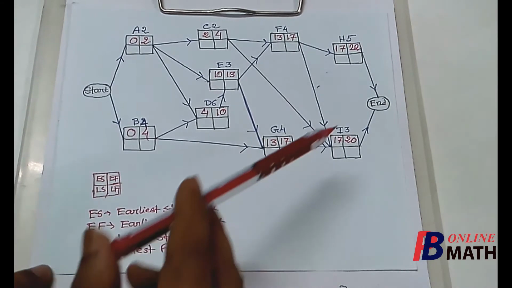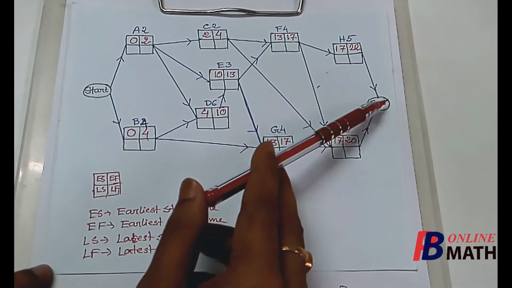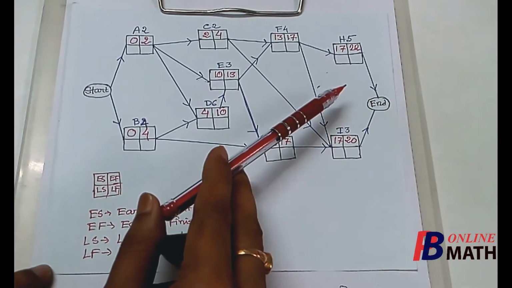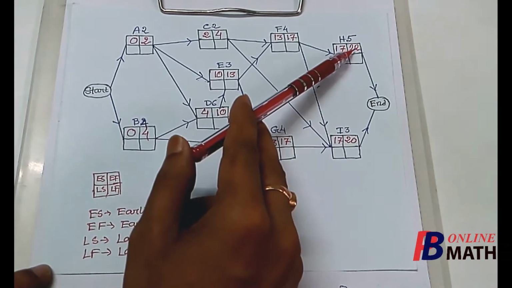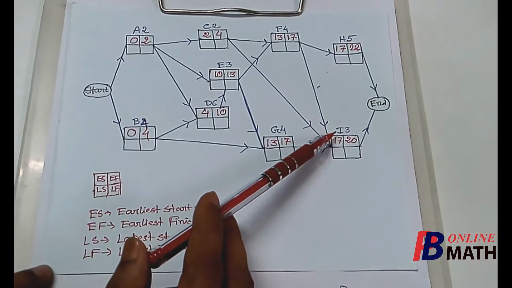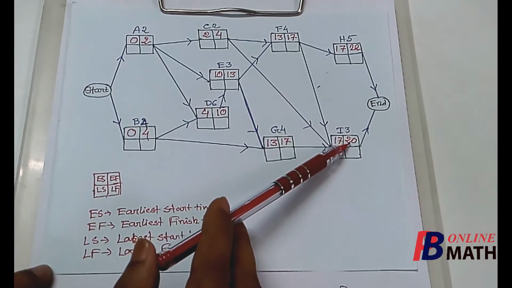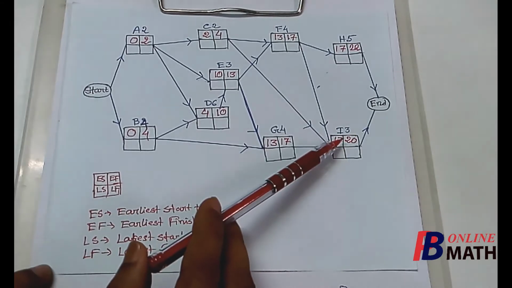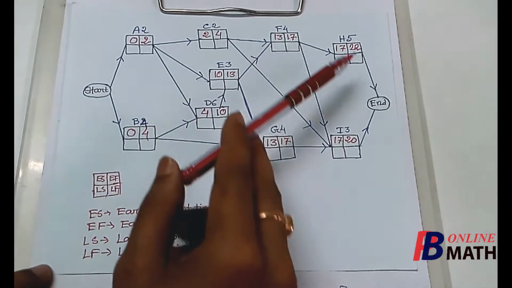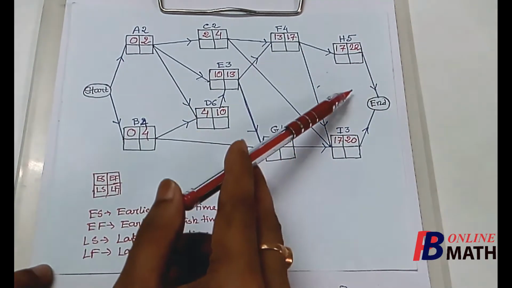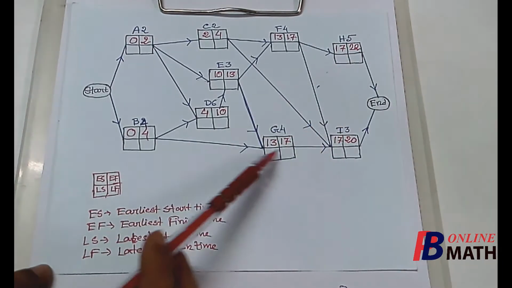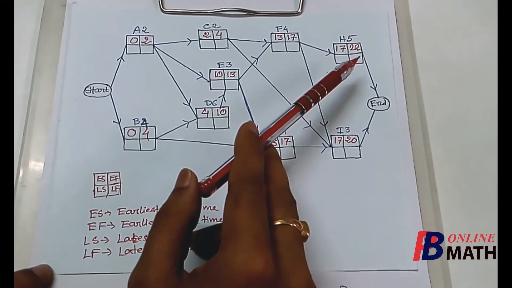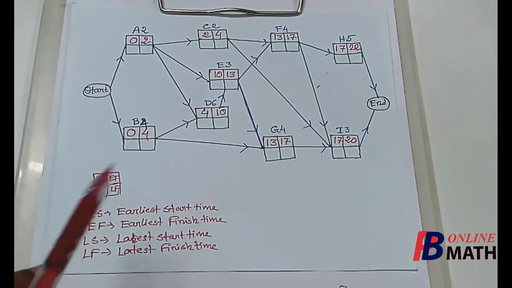Here we find that the two immediate predecessors of the end node, these are H and I, and the earliest finish time of H is after 22 days and earliest finish time of I is after 20 days. So the minimum time required to complete all the activities will be 22. So after 22 days all the activities are done. So this 22 days is the minimum time required to complete the project.